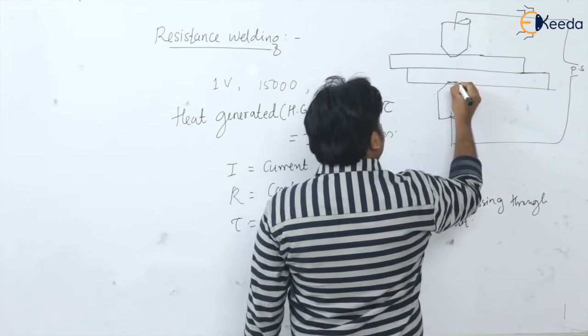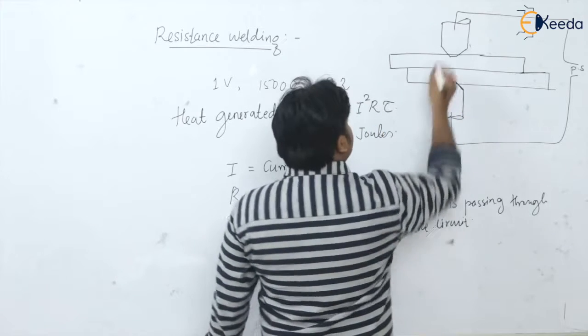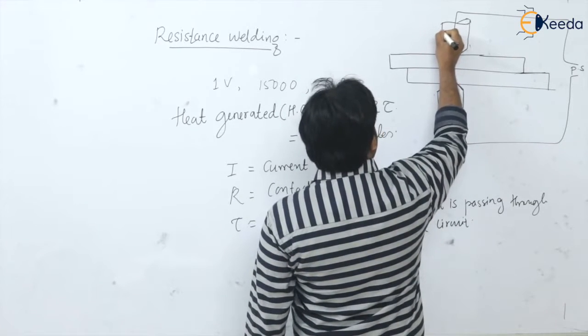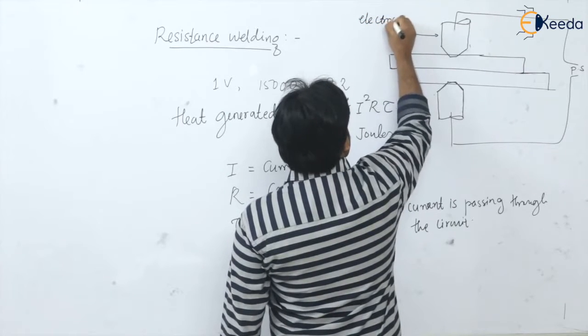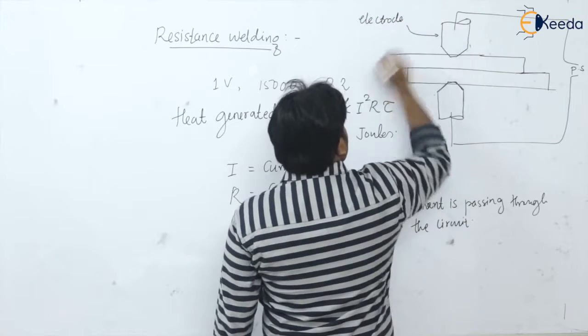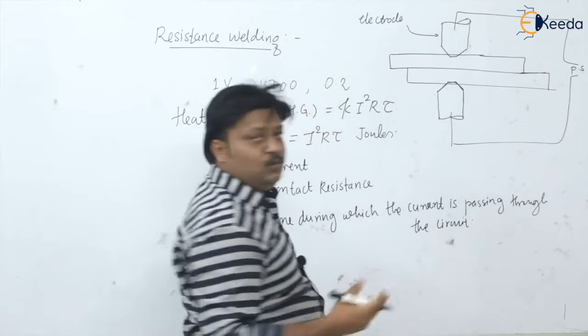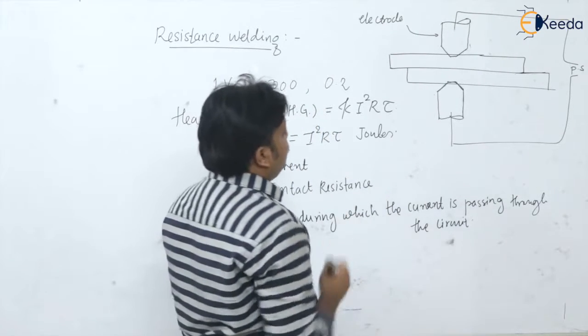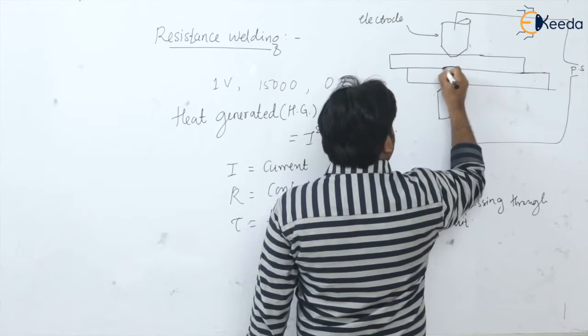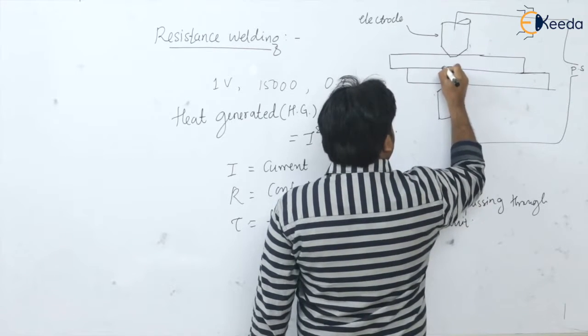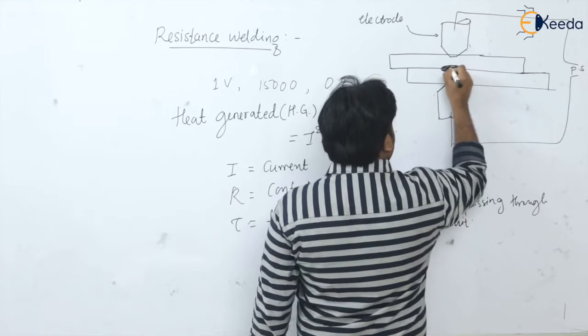These are the electrodes, which can be water cooled electrodes used in spot welding, and at the interface we are going to get this spot.